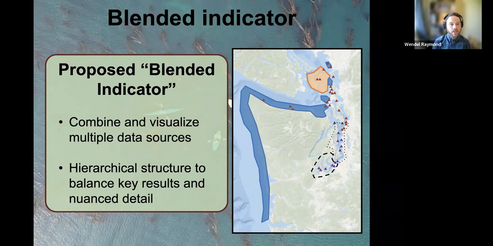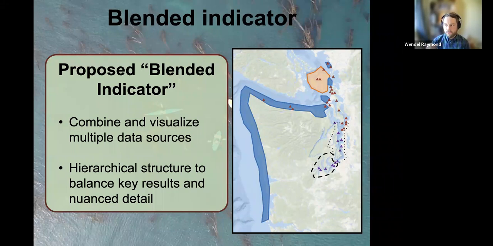This blended indicator combines and visualizes multiple different data sources on floating kelp from around the state. And we present it in a hierarchical structure in order to balance key results that are simple and easy to understand, but also provide nuance and detail at other levels for those who are interested.